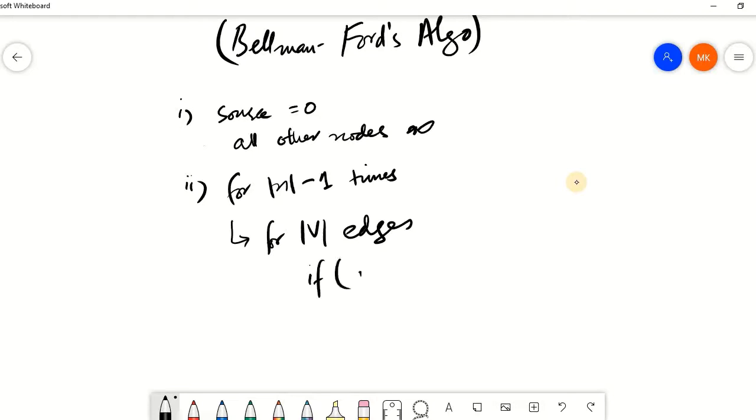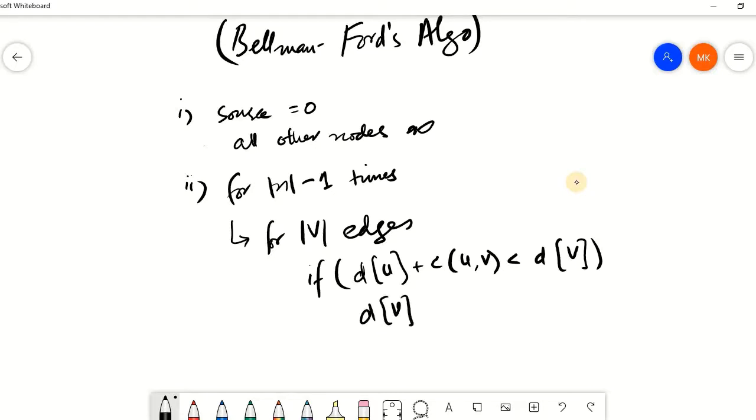For that, we'll use the same equation. If the cost of the current node that we have selected, u, plus the cost of the edge uv is less than the cost of a farther node that is v, then we are going to modify its cost, so the distance of v is equal to the cost of u plus the cost of the edge u to v.